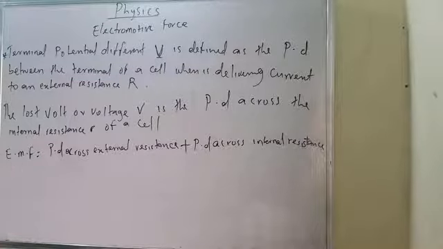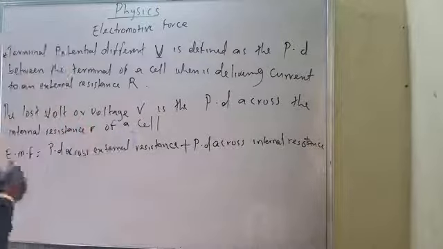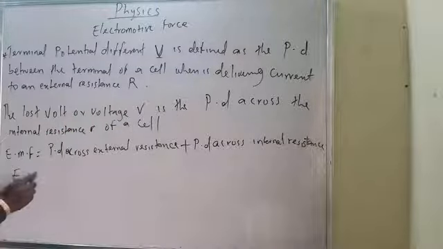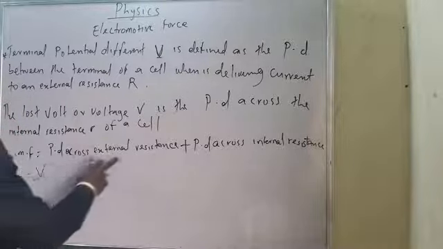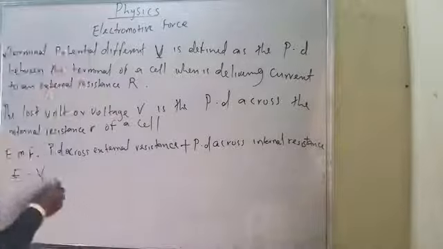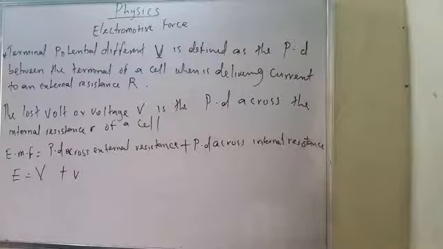It means I cannot write what I wrote earlier. The electromotive force, which I told you is always denoted by E, will now be equal to big V, which is external, plus small v. Now, let's apply Ohm's law here.